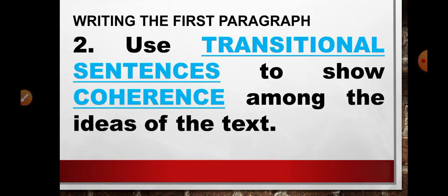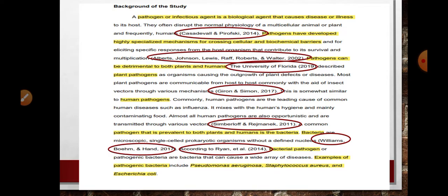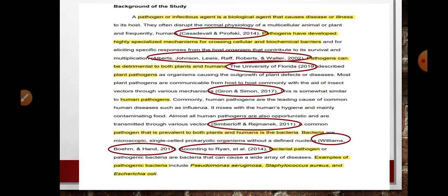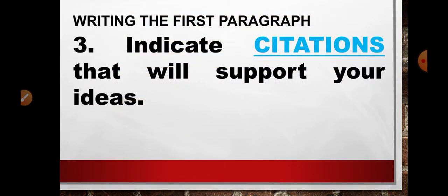And last but not the least, take a look with the words that are encircled. Okay? Okay, so notice the words that are encircled. Okay, so from here, we can infer that the last guideline in writing the first paragraph of the background of the study is that you should indicate citations that will support or strengthen your ideas indicated in the first paragraph.